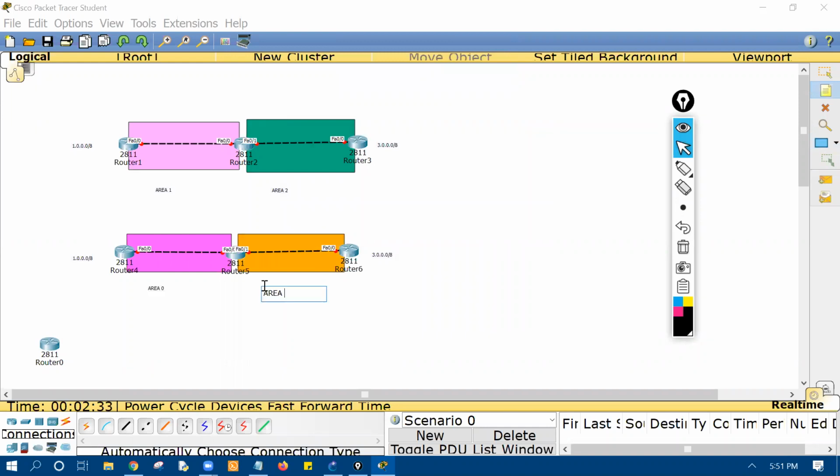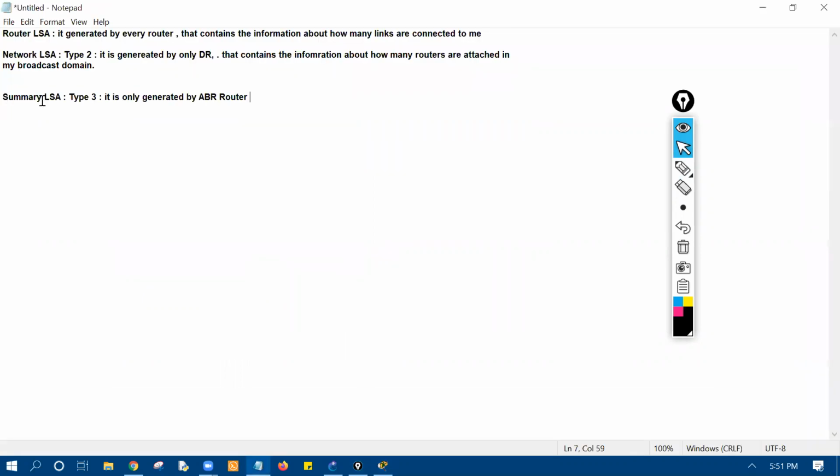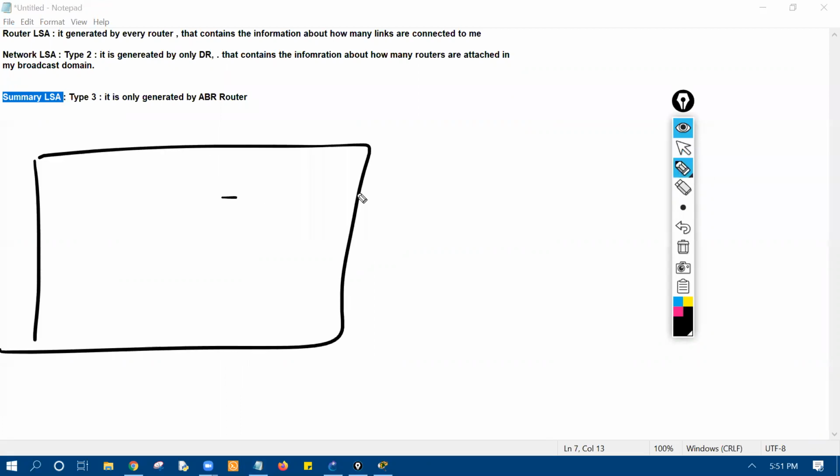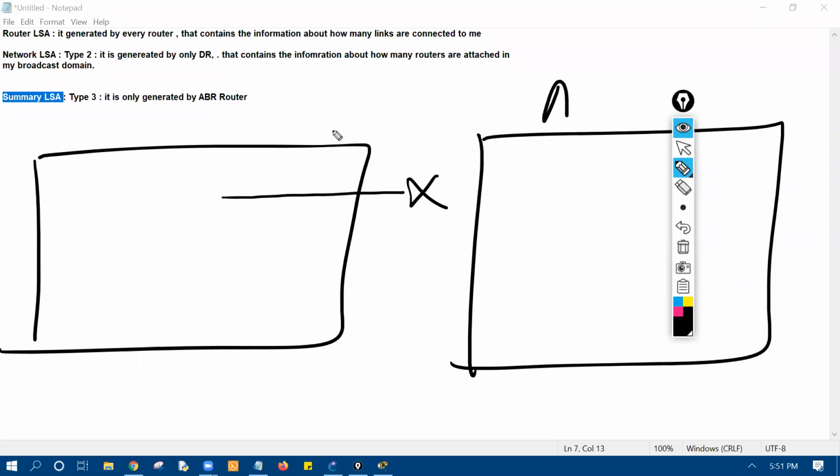So let me first show you this condition. Before understanding the LSA 3 information, I hope you understand the meaning of LSA 3. LSA 3 is nothing but a summary LSA. One area will not share the detailed information with a different area. For example, this is area number 1 and this is area number 0.